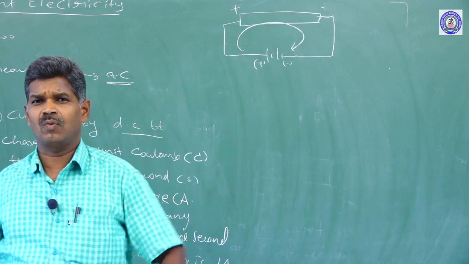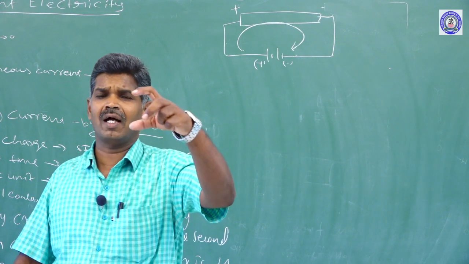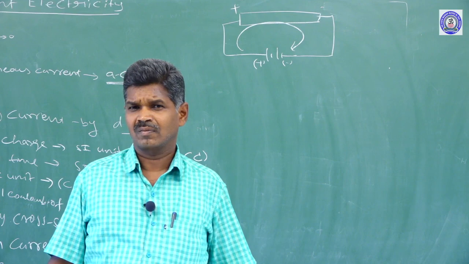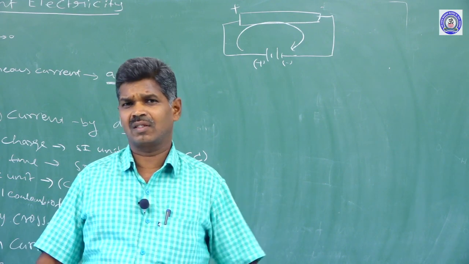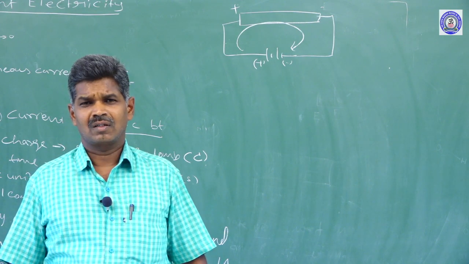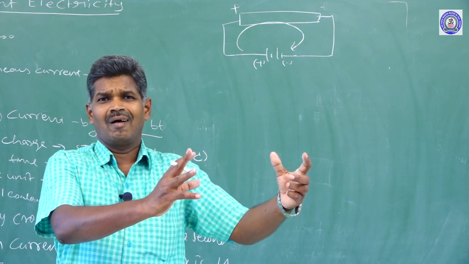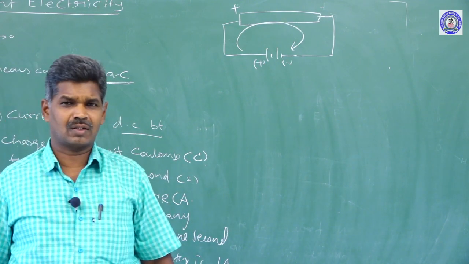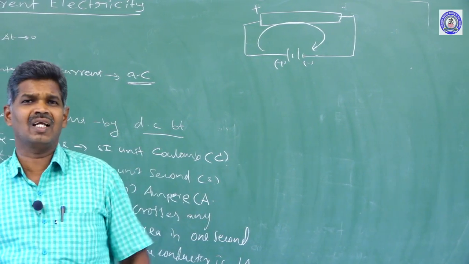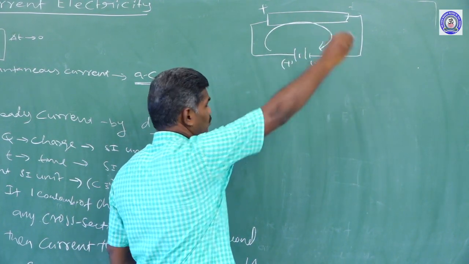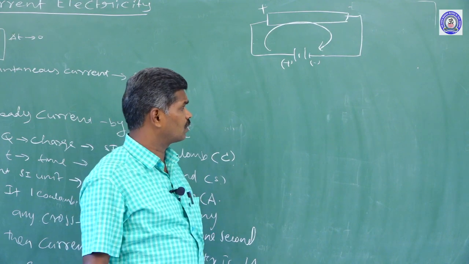In a gravitational field, a free mass moves from a higher gravitational potential to a lower gravitational potential. That is why conventionally the current flow direction is from the positive terminal to the negative terminal.